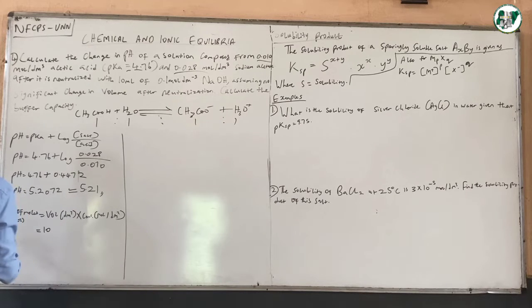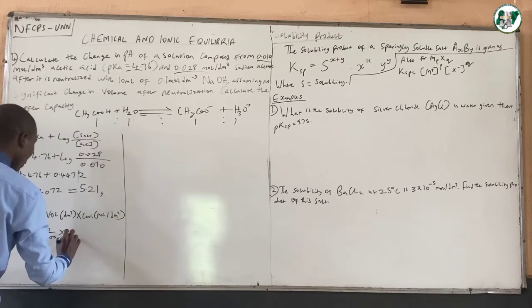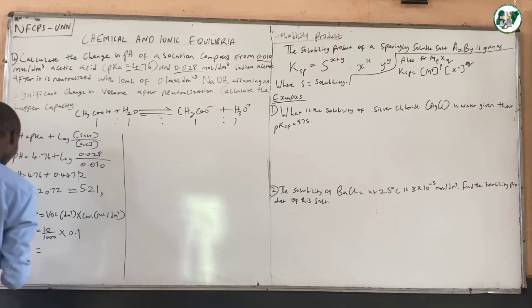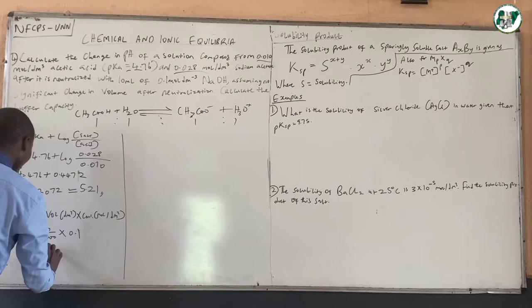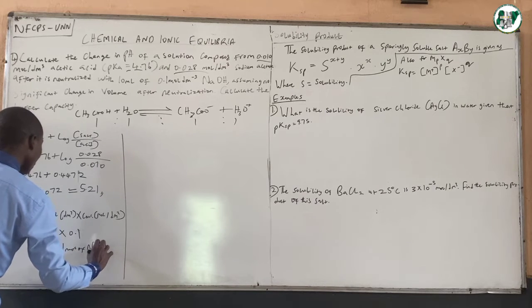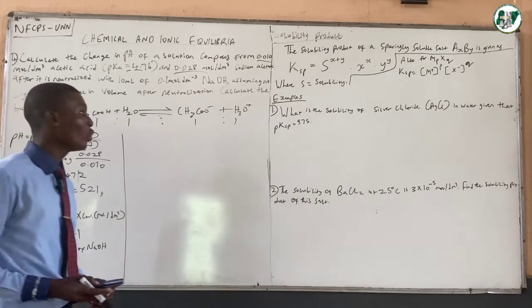So the number of moles of NaOH is 10 divided by 1000, times the concentration, 0.1, which gives us 0.001 mole of NaOH. So 0.001 mole of NaOH was what was added to the solution.